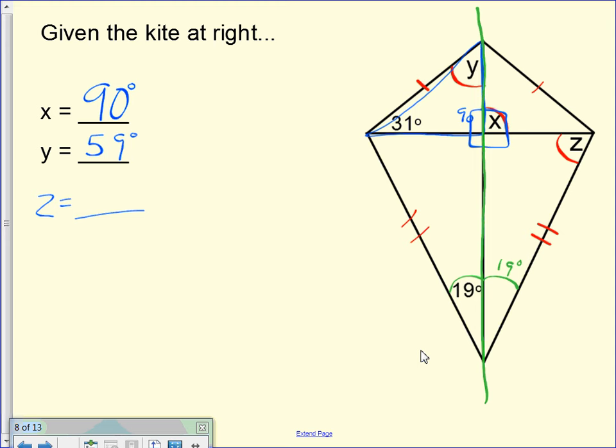I got 19, I got 90, and I got Z. Add those up and subtract from 180. Check it out in your calculator. It should be 61 degrees. Wrong. 71 degrees. See? Always good to check. And you know what?